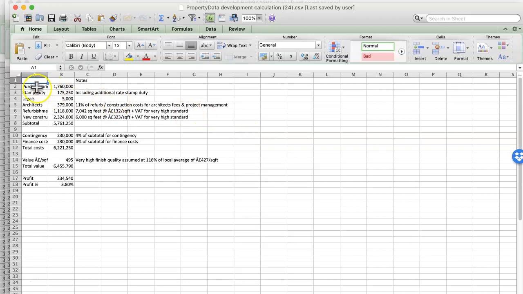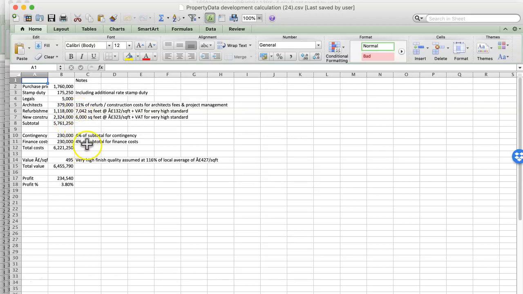In fact, this looks like another example where we had a slightly higher purchase price, thus slightly different stamp duty, slightly different legal fees, and slightly different architectural, refurbishment and new construction costs.